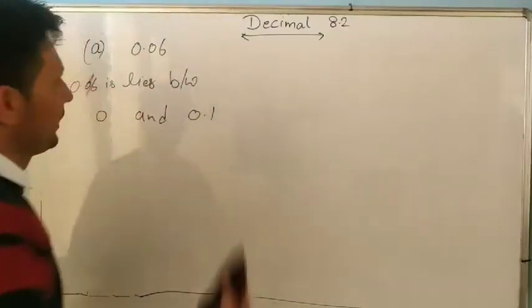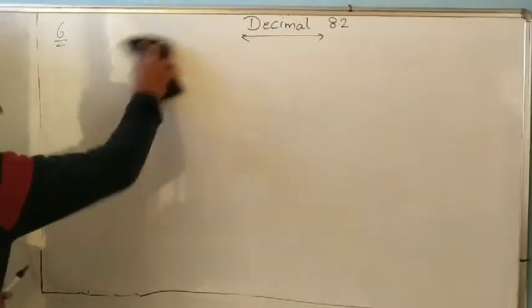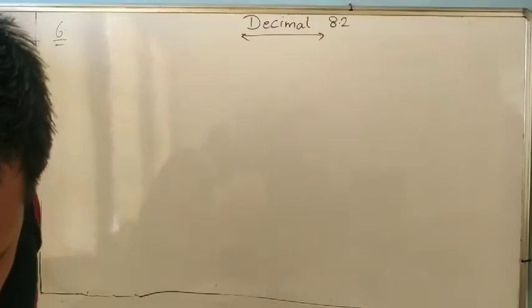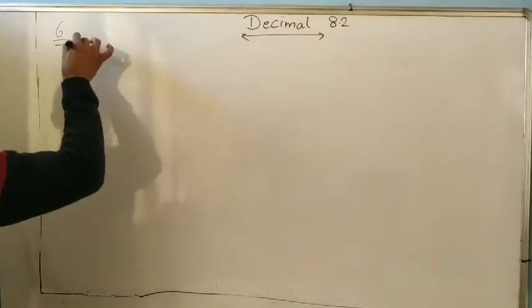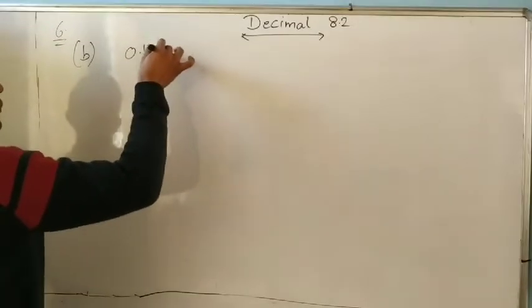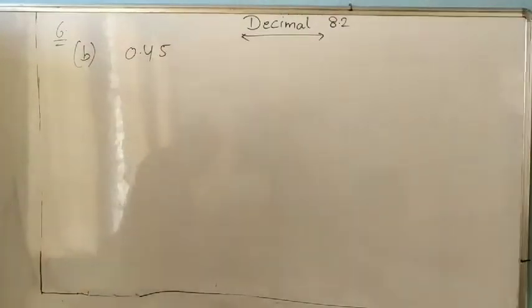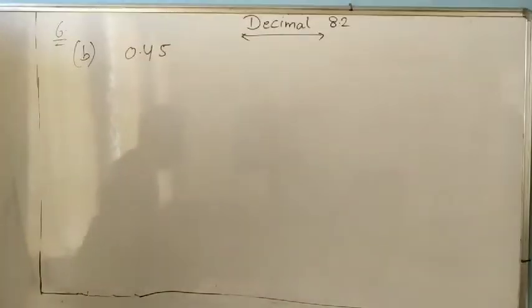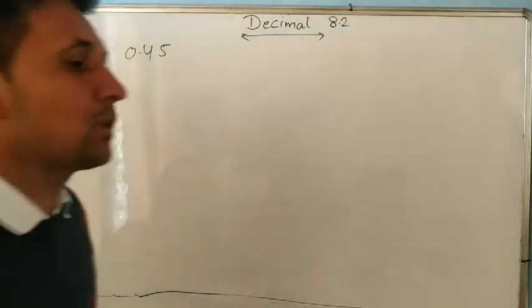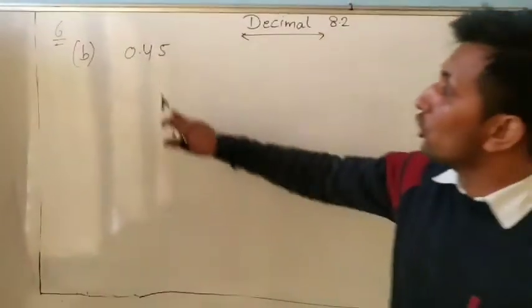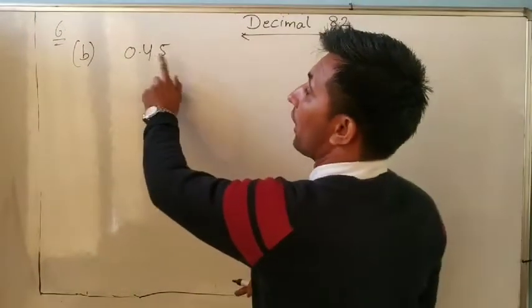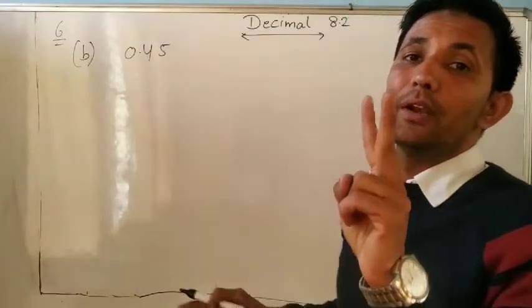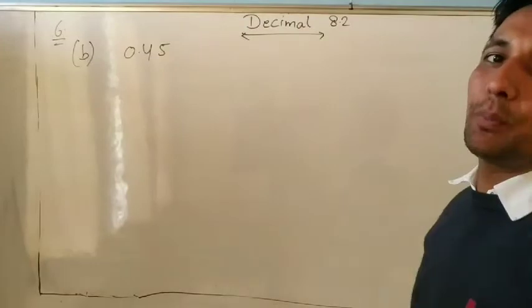Now next is B part, 0.05. We have to find which two numbers in the 10th place the given number lies between. Here it is given up to 100th place, but we have to find the two numbers whose 10th place value is given.